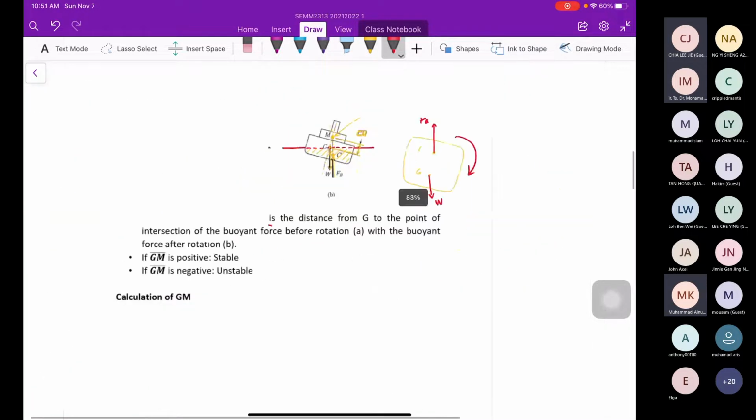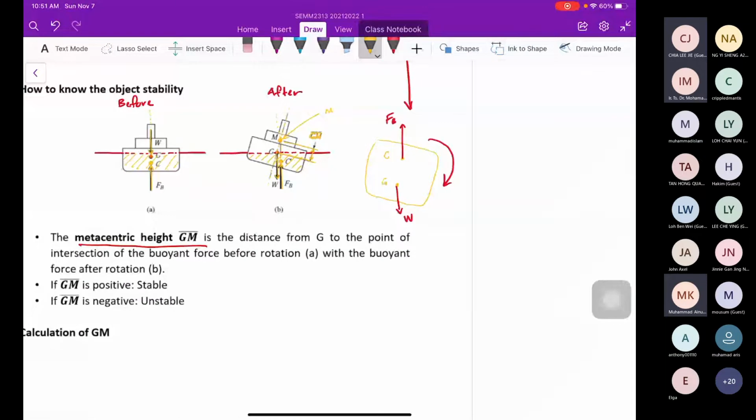However, the boat will not be stable like this, if the G is here and the C is here.